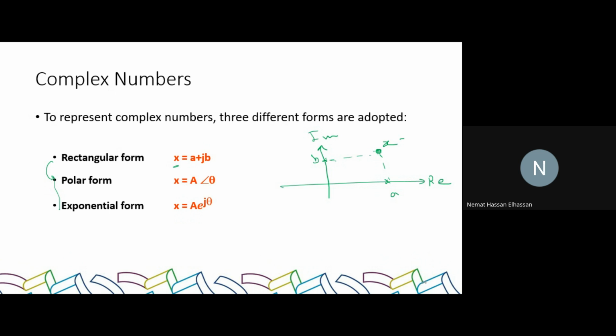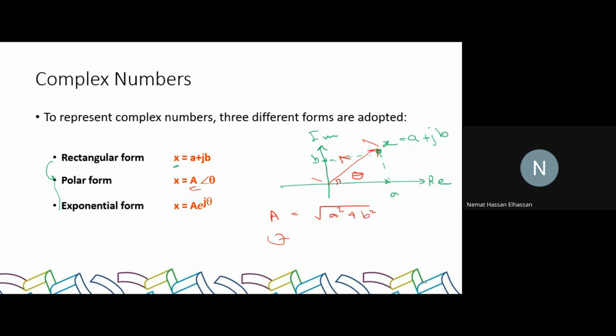Which is equal to a real A plus an imaginary B. Now, if I extend a line from the origin to point X, the length of this line is the magnitude, and the angle that this line forms with the positive real axis is theta. Make sense? And using Pythagorean theorem, the magnitude is equal to square root A squared plus B squared.